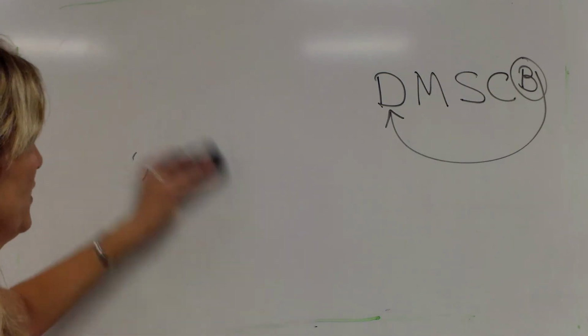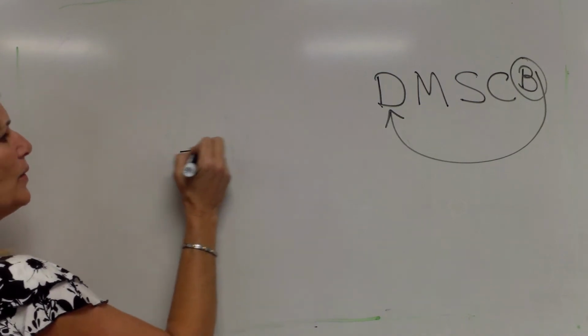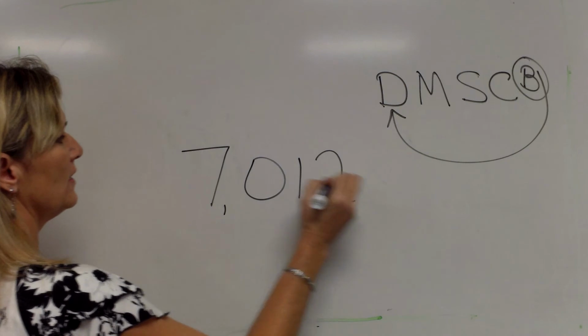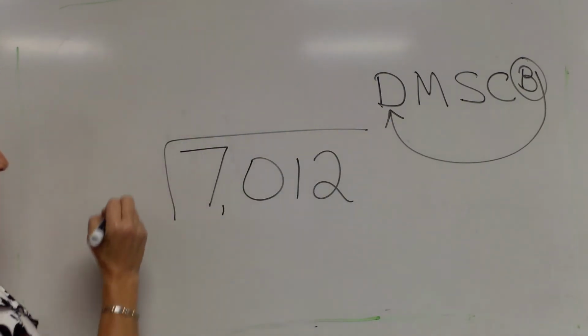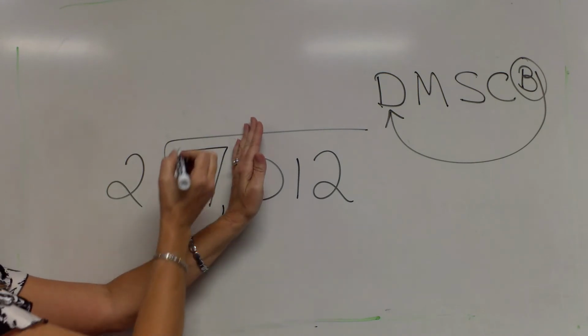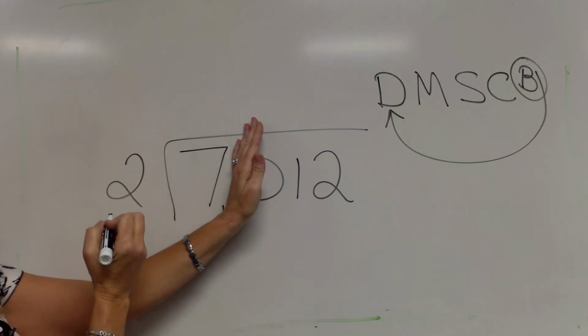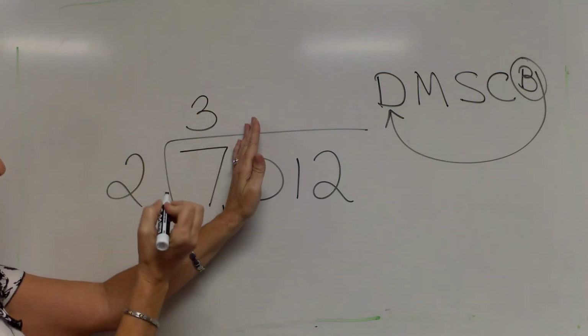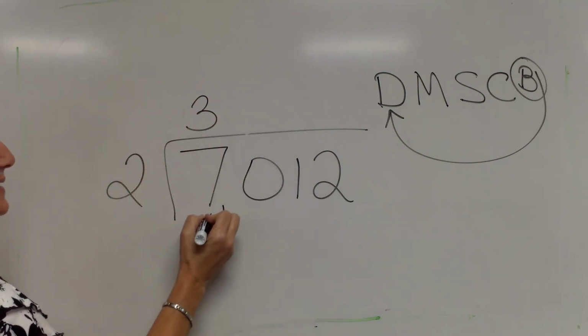One more. Let's try a little bigger number. We're going to use 7,012 divided by 2. 7 divided by 2. What times 2 gives me 7 or close to it without going over? 3. 3 times 2 is 6.